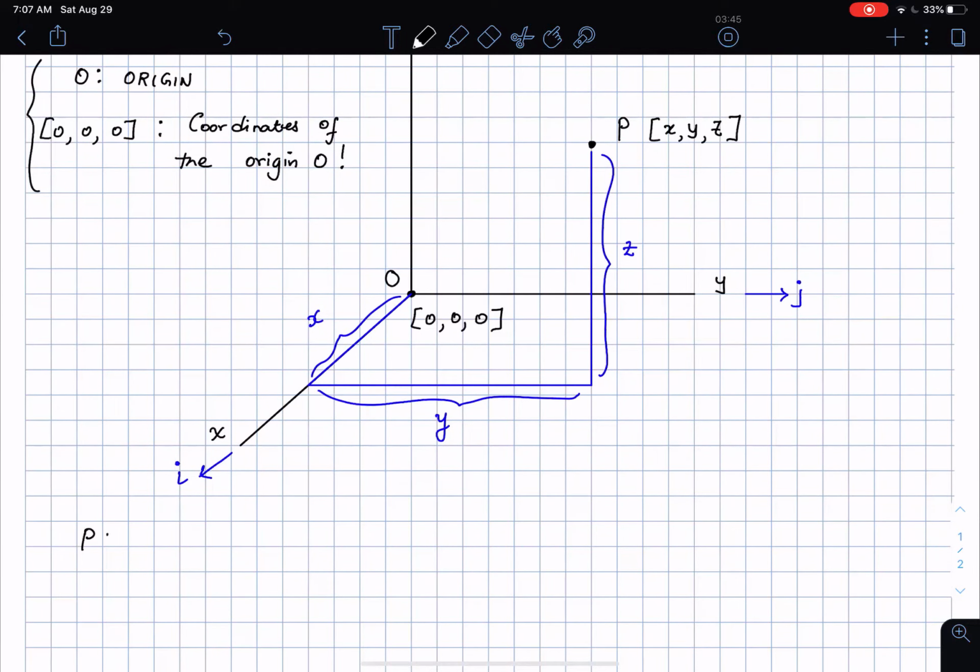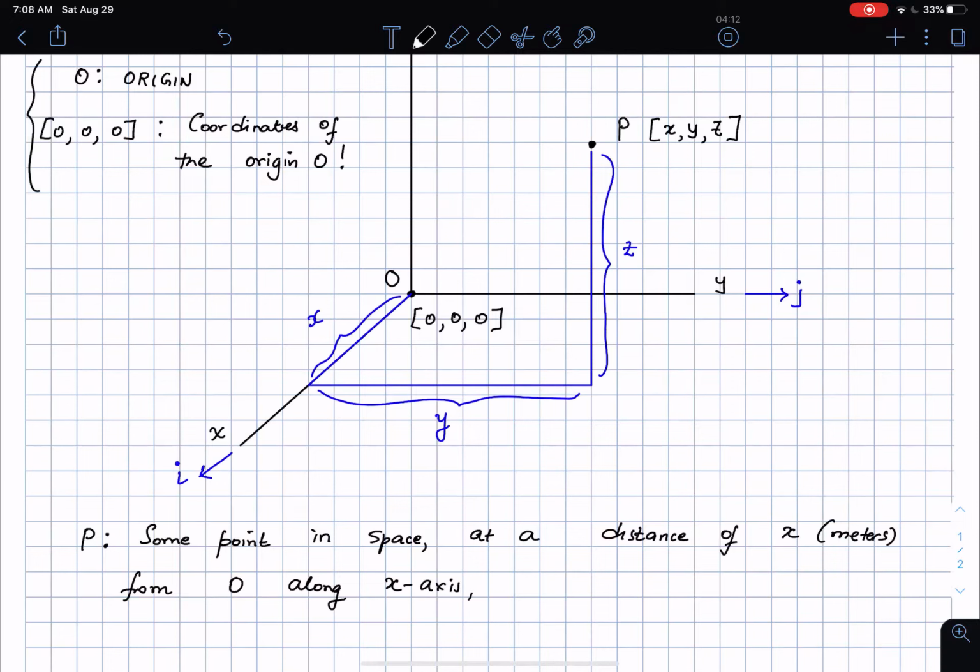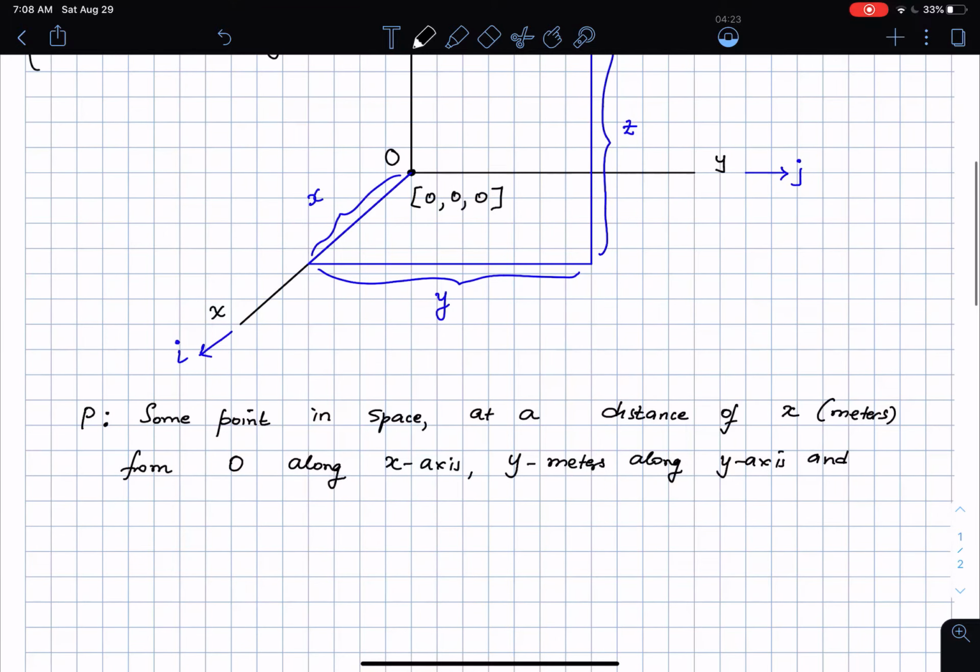P is some point in space at a distance of x meters from O along the x-axis, y meters along the y-axis, and z meters, whatever unit system you're using, along the z-axis.